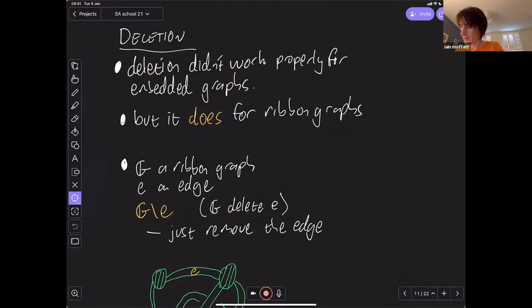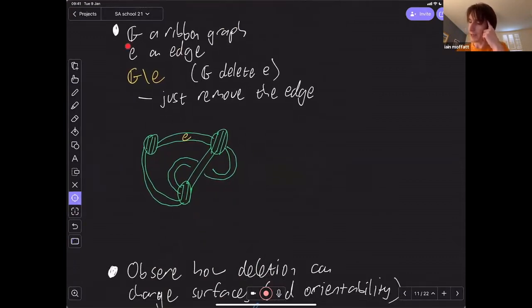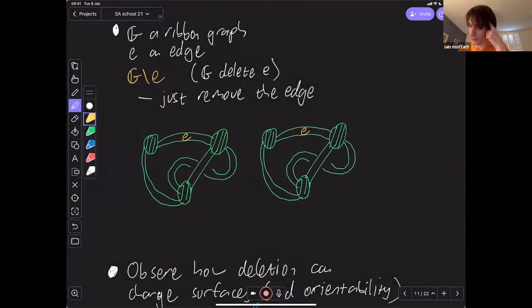And to see this, if I take a ribbon graph G and an edge, and for my G delete, what am I going to do? Well, here's my ribbon graph, here's my edge. I'm just going to throw this away. So for my G delete, I just get rid of the edge.